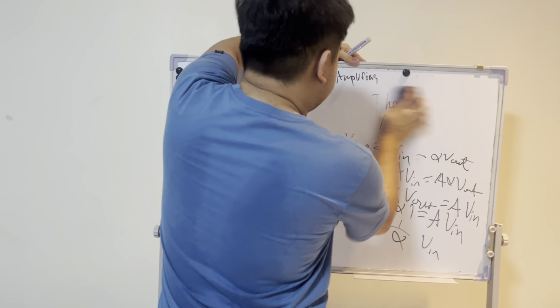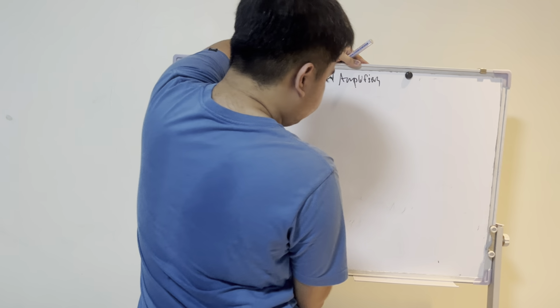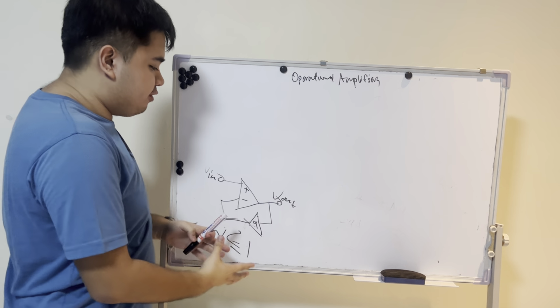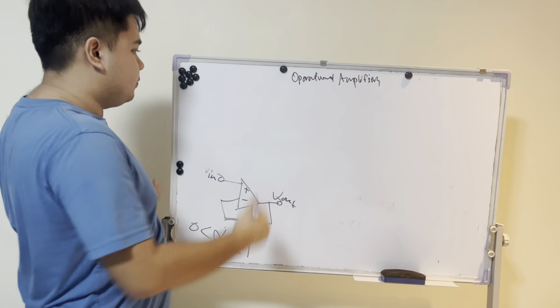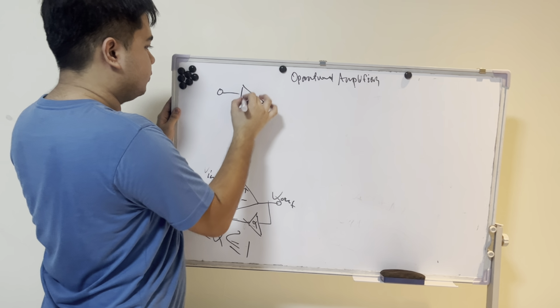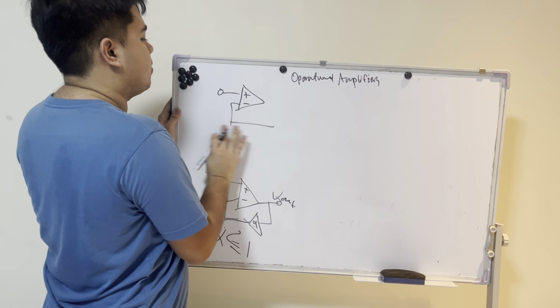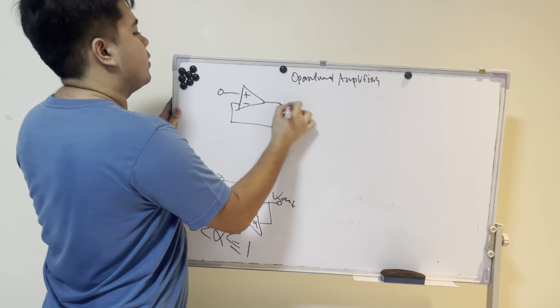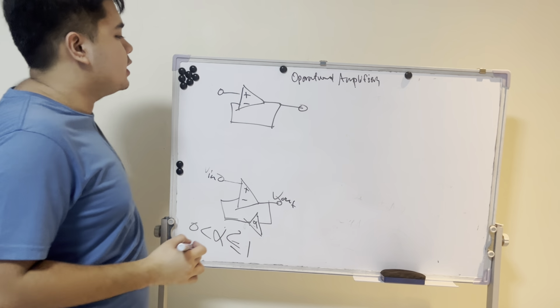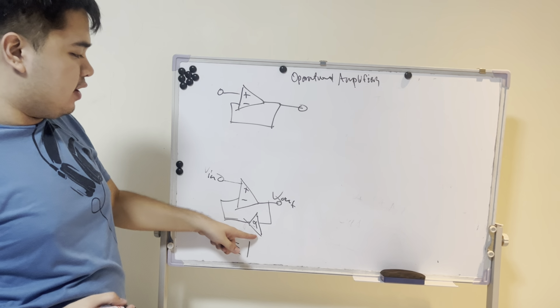Let me just erase this. Let's start off by copying this circuit again. There we go. But this time, just removing this alpha, right?